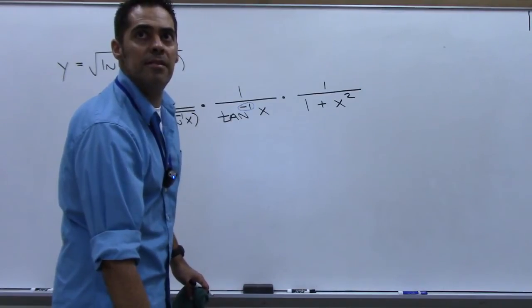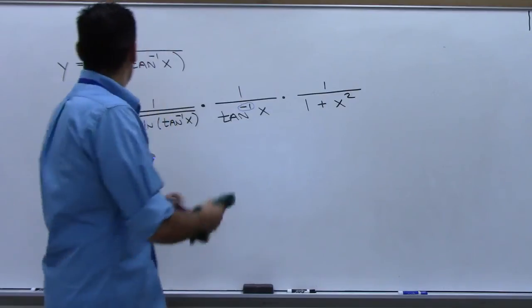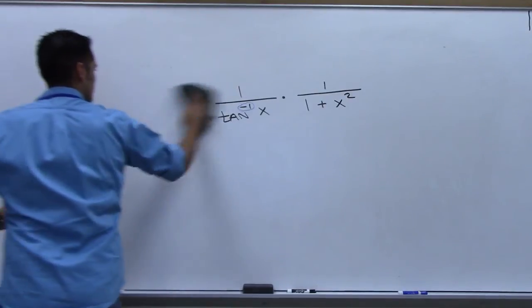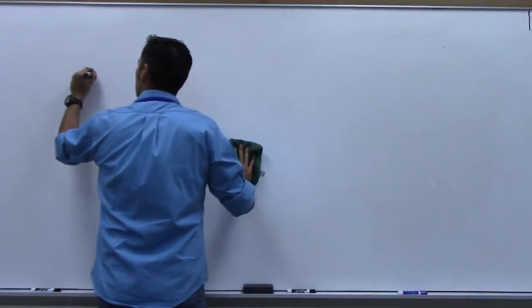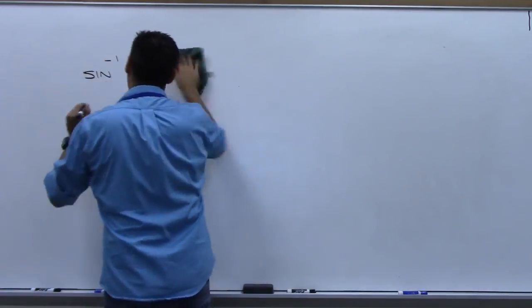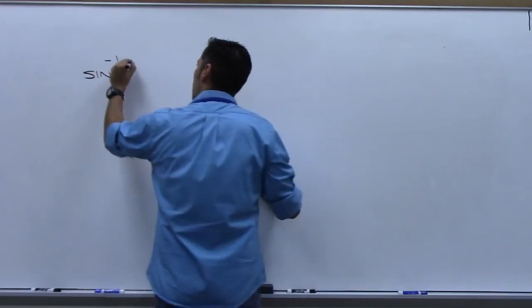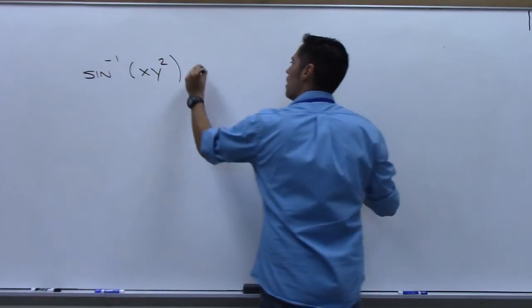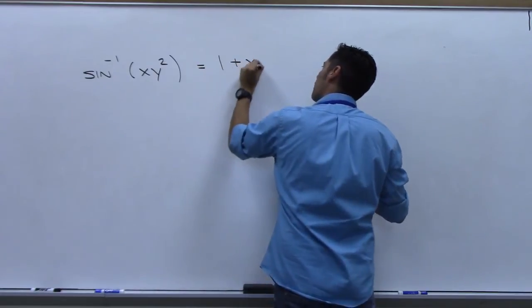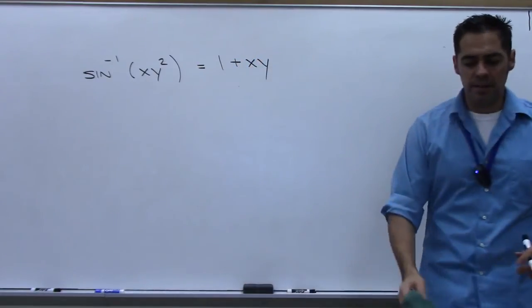All right, let's try this next one. How about this? Arc sine of xy squared equals 1 plus x times y. And you're asked to find dy dx.